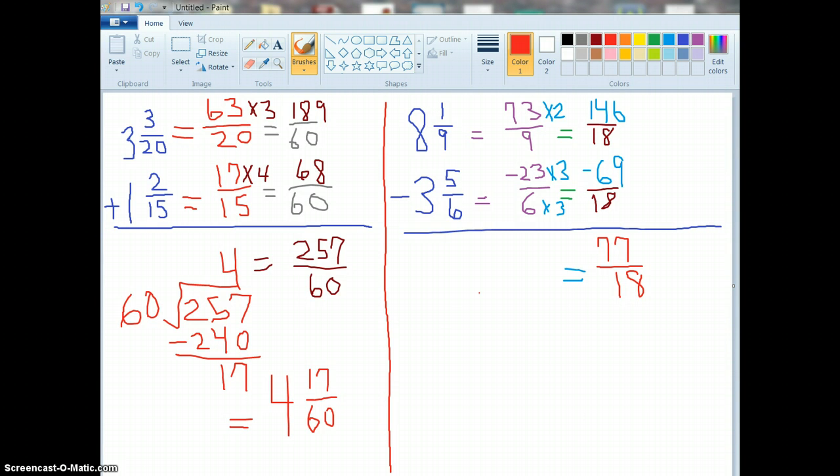And we need to change and show how we change our answer back into a mixed number. So we'll divide 18 into 77, which will go 4 times. So our final answer is 4 and 5 over 18.